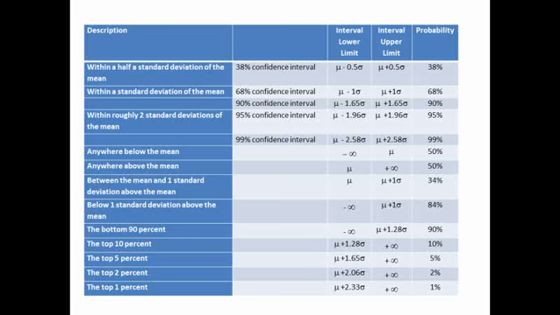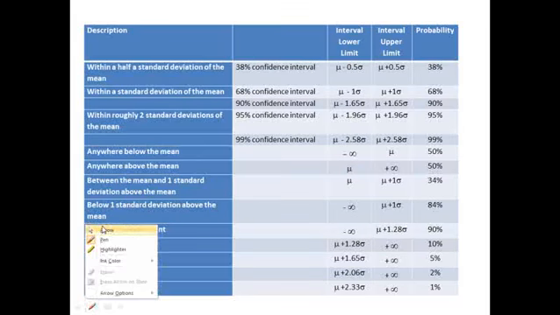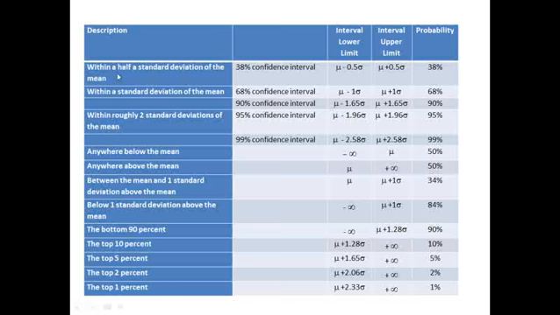Here's some example confidence intervals that we can use. We have the 38% confidence interval. It's used sometimes, rarely, but it is used. It is the confidence interval defined by a half a standard deviation of the mean.